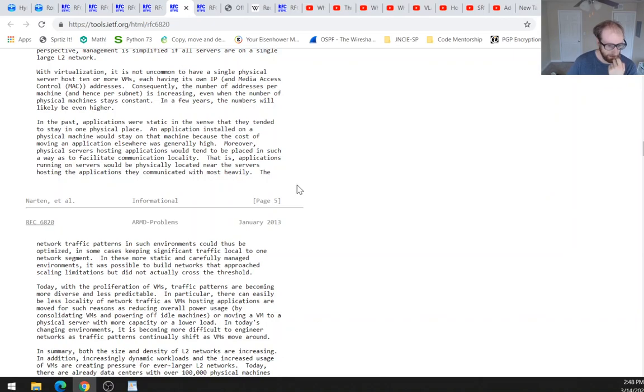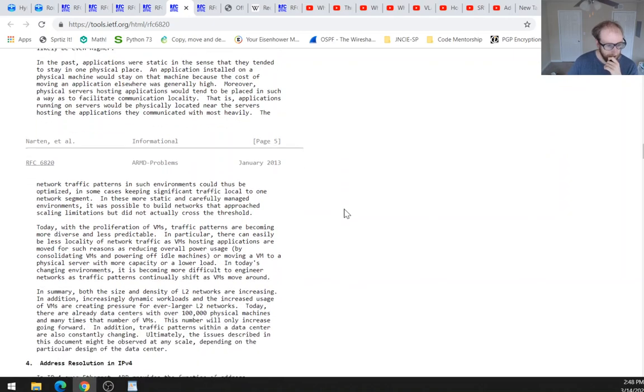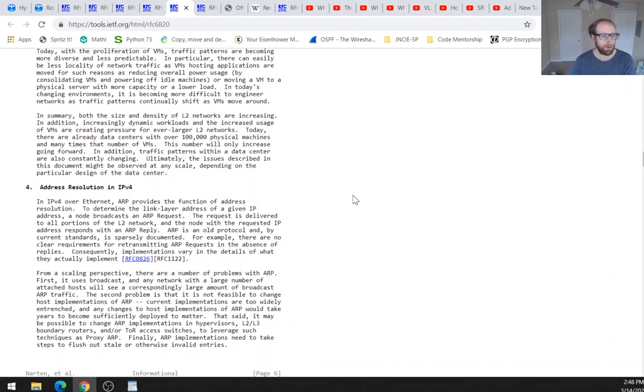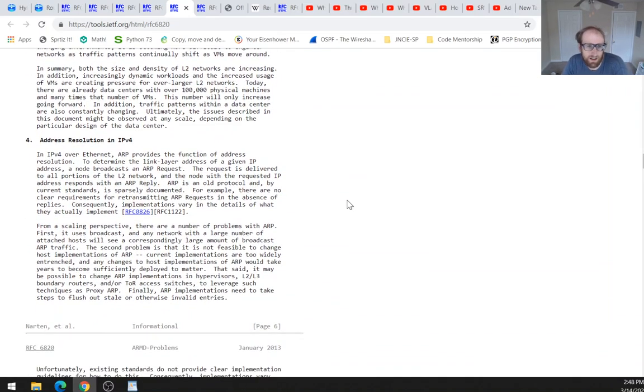In today's changing environments, it is becoming more difficult to engineer networks as traffic patterns continually shift as VMs move around. In summary, both the size and density of L2 networks are increasing.